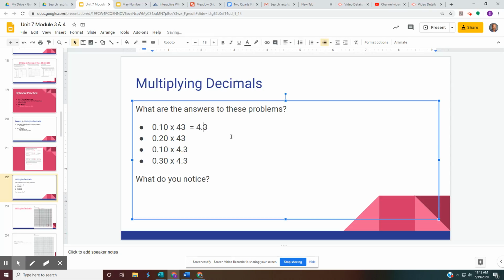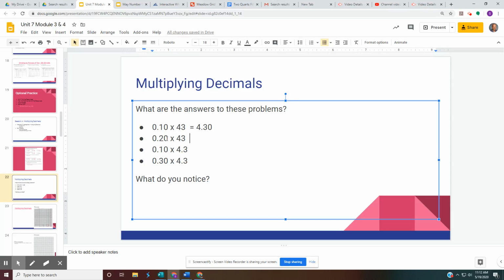Or you can ask, how many spots behind the decimal do I have? I have one. You can include the 0, which would end up being 4.30, but it's still the same answer, correct?